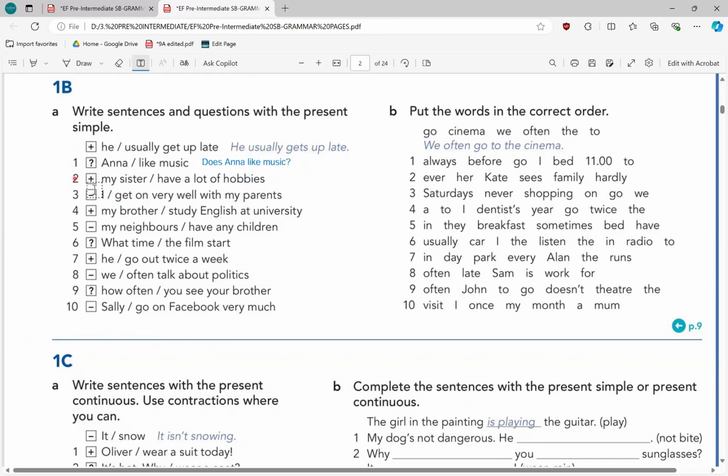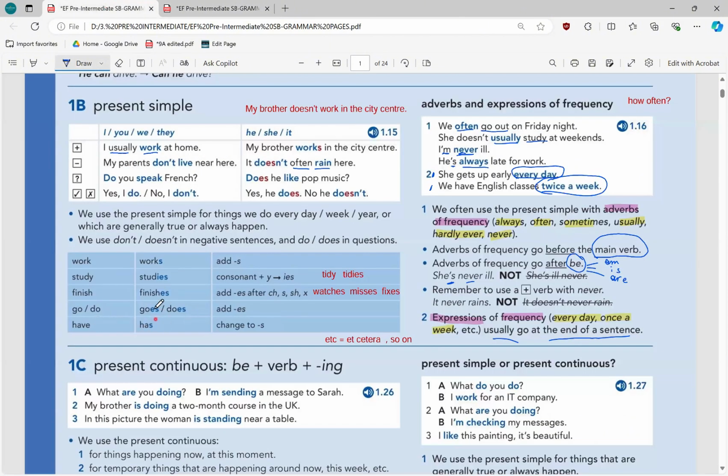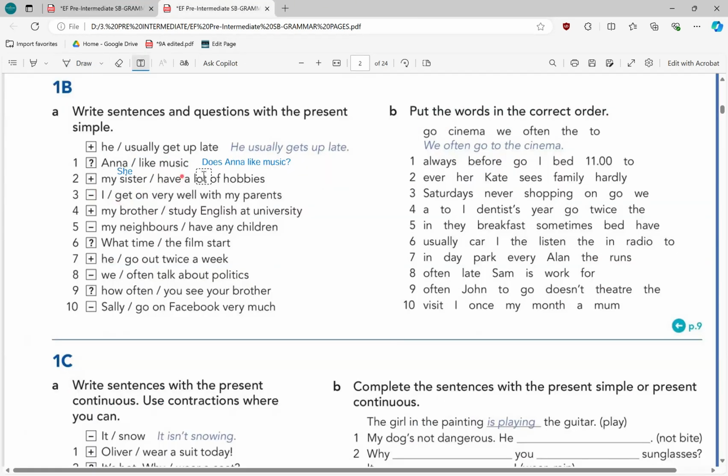Right. Number 2 is a plus sign, so that's a positive sentence. My sister is obviously she here, right? My sister means she. So we're going to use has for he, she, it. So my sister has a lot of hobbies.